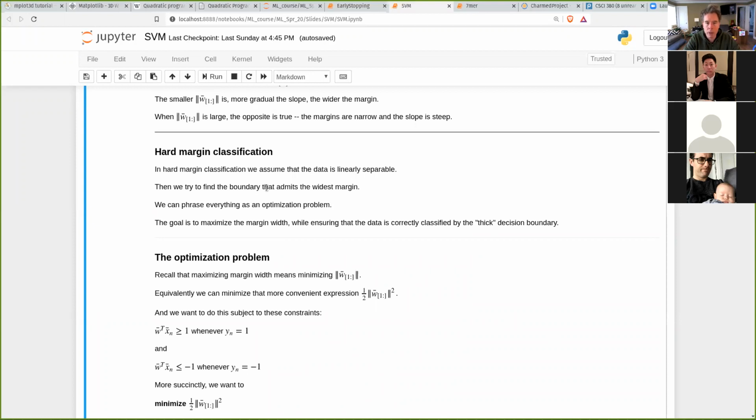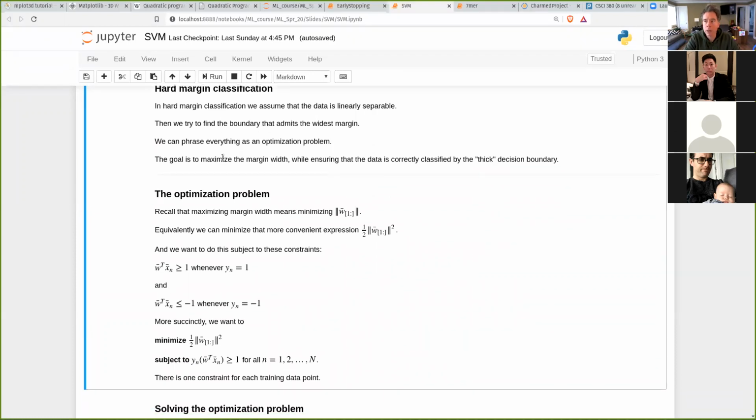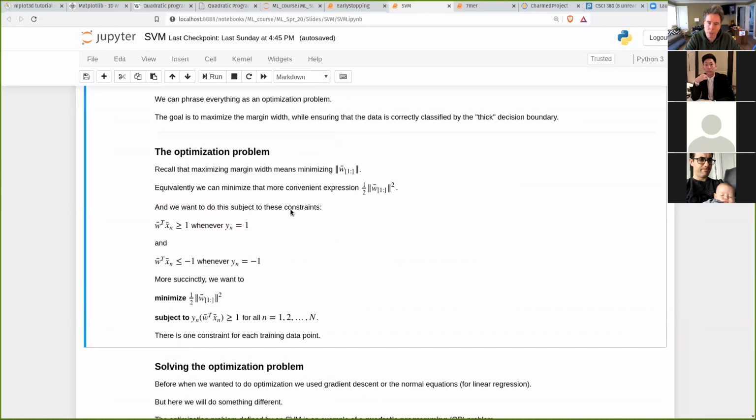This is called hard margin classification. So let's try to phrase what we want W to be in terms of an optimization problem. Maximizing the margin width means minimizing the magnitude of W.